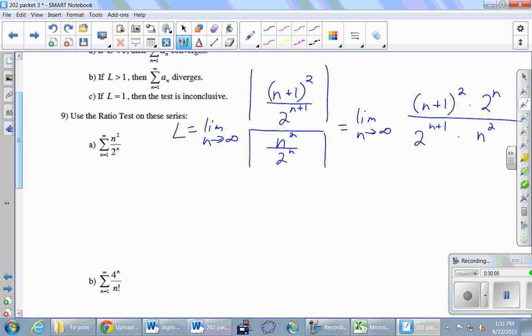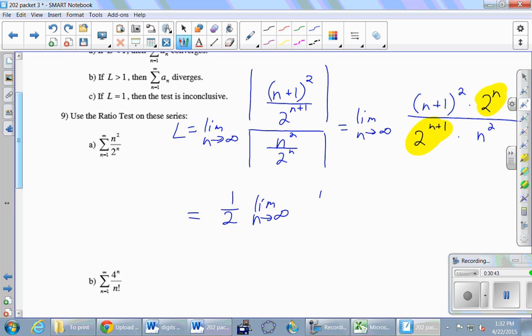Okay, so good things are about to happen. Let's see. I've got 2 to the n and 2 to the n plus 1. Lots of stuff cancels. What's left? 2 on the bottom. Because you have one more 2 downstairs than you do upstairs. So since there's just a 2 on the bottom and there's no n's anymore on that thing, I'm going to pull it out front in front of the limit as a 2 on the bottom.